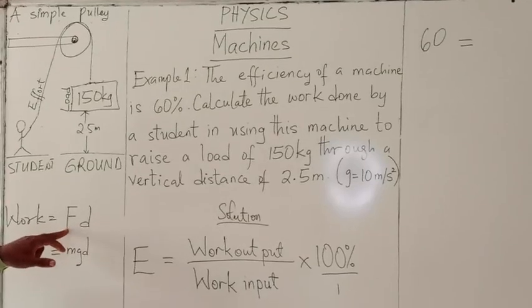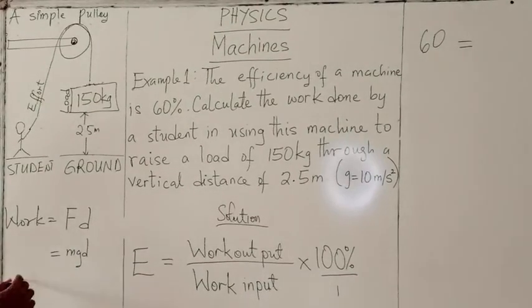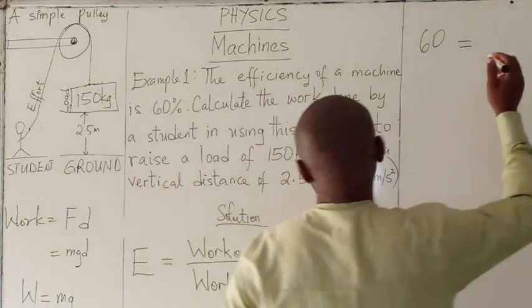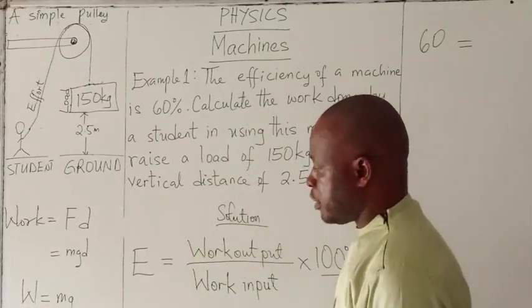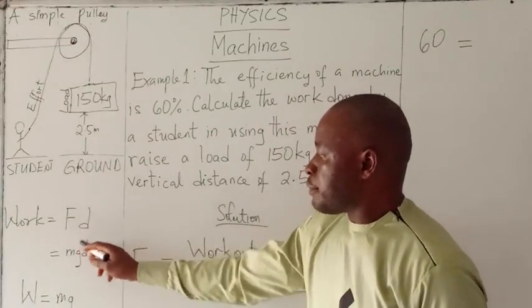Force times distance. And here we're working on a load, 150 kg. The force here is a downward force. That is the weight of the force. Do you remember the formula for weight of a body? The formula is mg, that is mass times acceleration due to gravity. W is equal to mass times acceleration due to gravity. And then the work is the weight, that's the force, times distance.